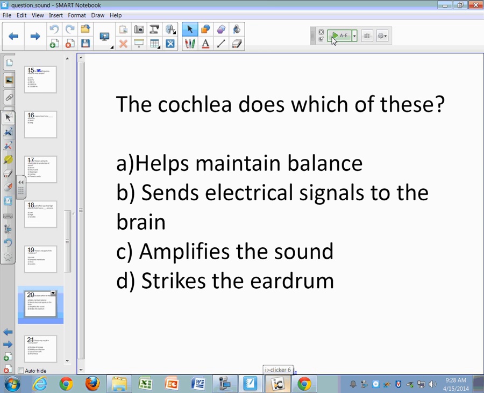All right, and the cochlea does which of these? What's the purpose of the cochlea? Remember, I sent these questions out last week sometime, but it's good to review them because some of these questions, honestly, I just cut and pasted into the exam.